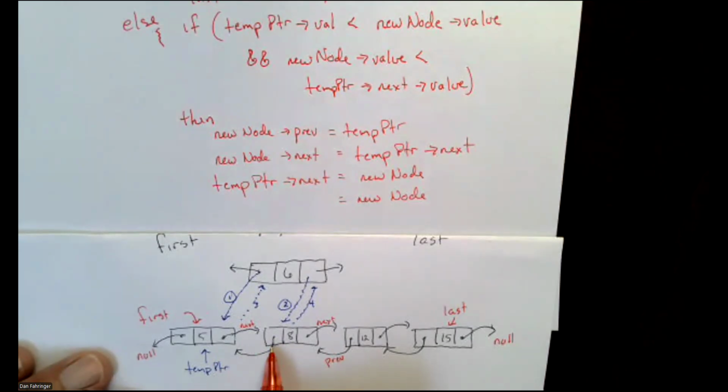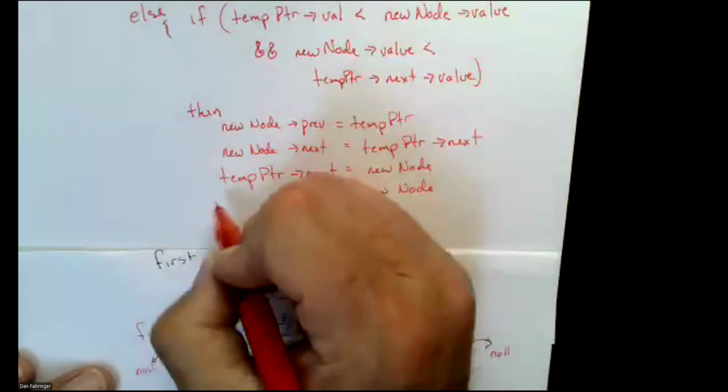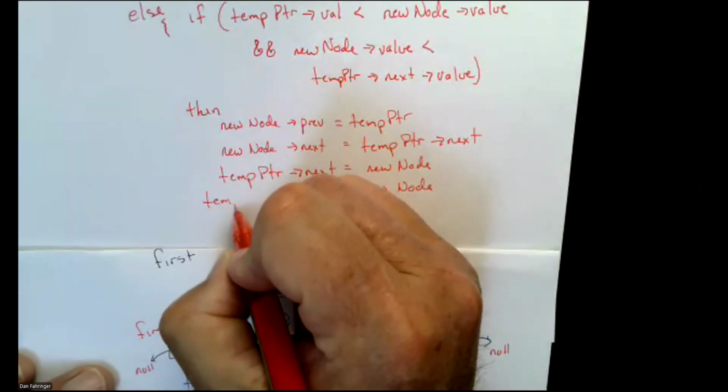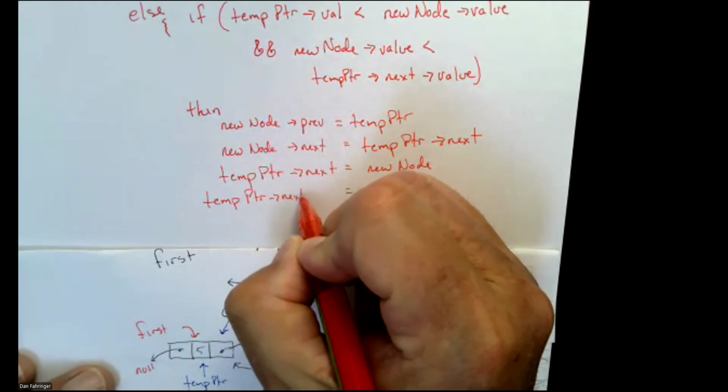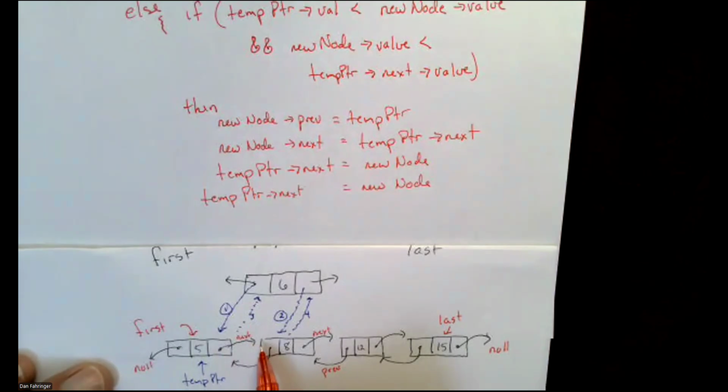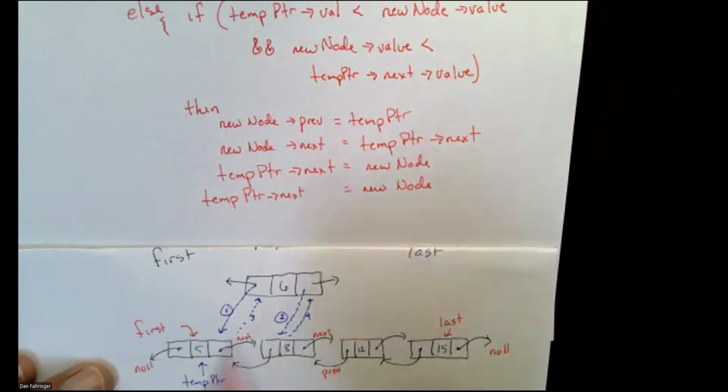What was this address? Well, knowing temp pointer, it's going to be temp pointer's next. Temp pointer's next points to this address, and at this address, we want to get this address.